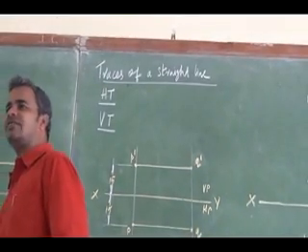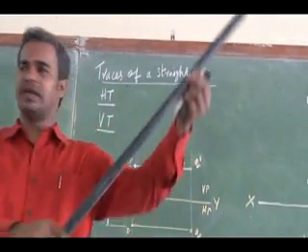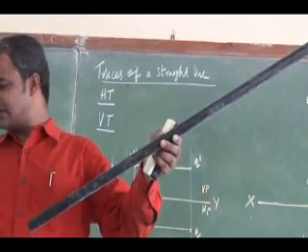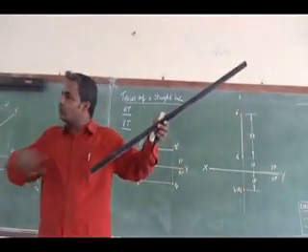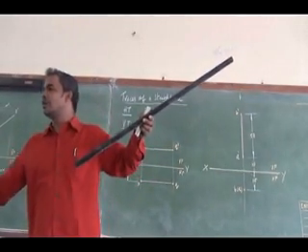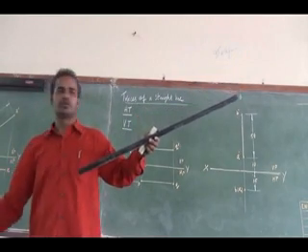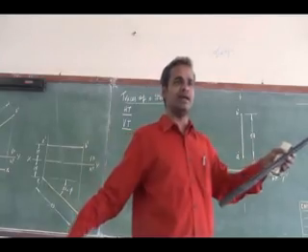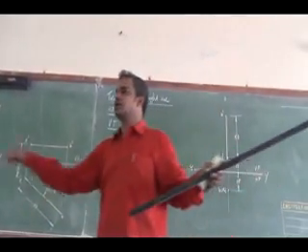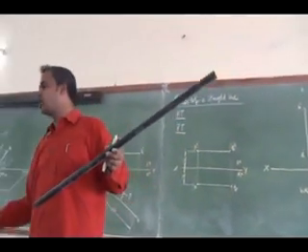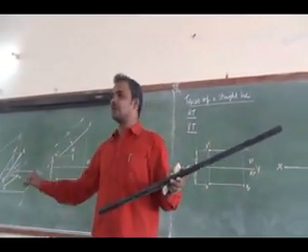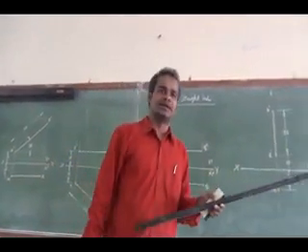A straight line normally doesn't intersect as drawn, so I have to extend it if necessary. Then only I will get an intersection point on the reference plane, and that location is my trace.